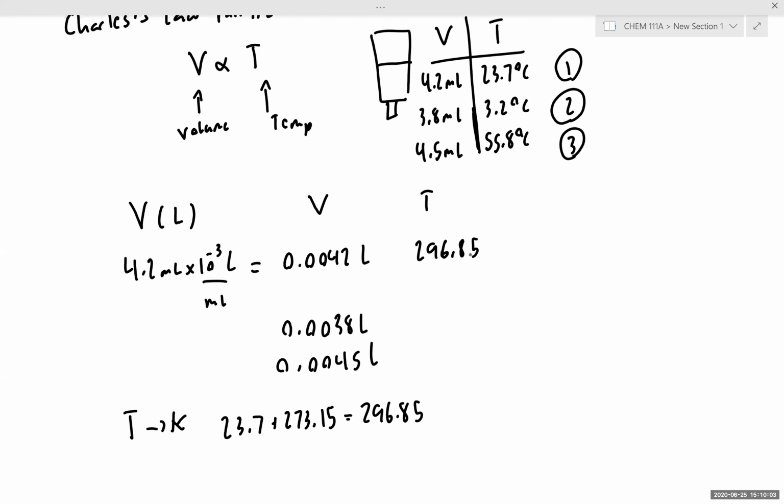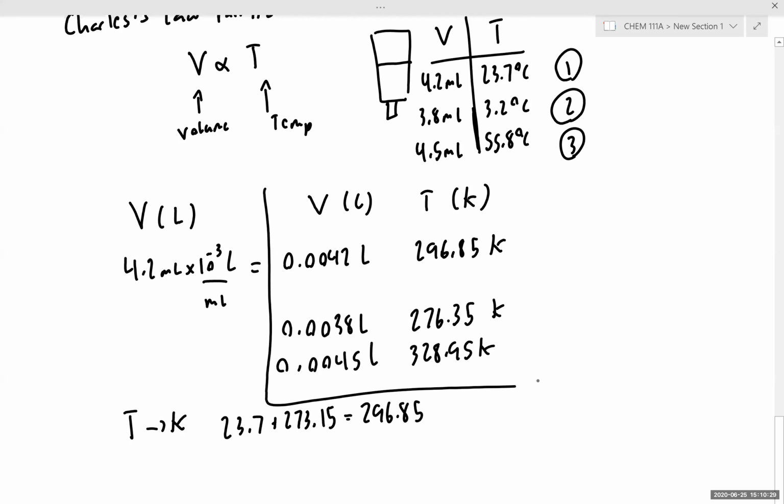Then 3.2 plus 273.15 gives us 276.35 kelvins. Okay, now we have 55.8 plus 273.15. That gives us 328.95 kelvins. Okay, so now we have volume and temperature.